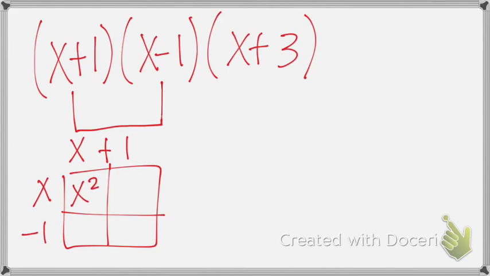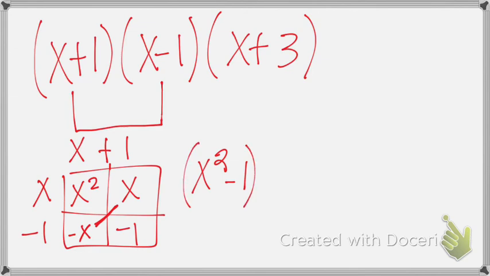X squared, x, negative x, negative 1. Yes? What happens to these two x's? They cancel out. So what am I left with? X squared. I'm left with x squared minus 1.